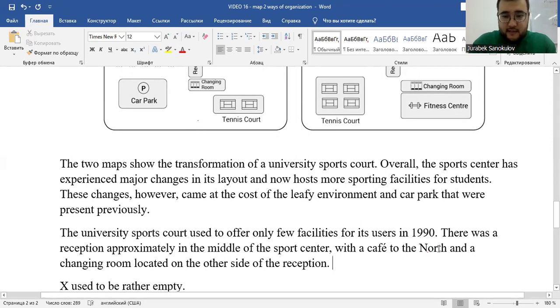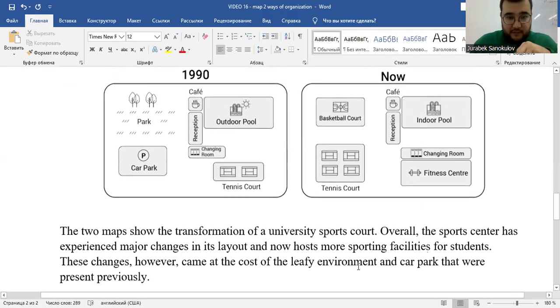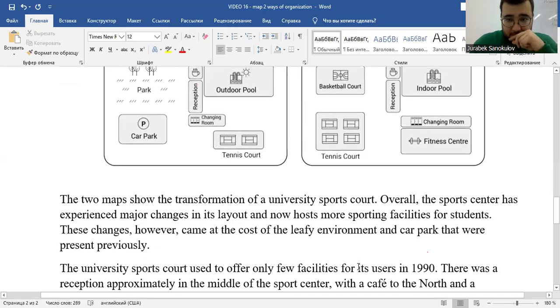Do you remember the sentence structure? I mean, if you don't, check out the previous videos in which I explained the sentence structures, yeah? So there was a reception approximately in the middle of the sports center with a cafe to the north and a changing room located on the other side of the reception. Okay.